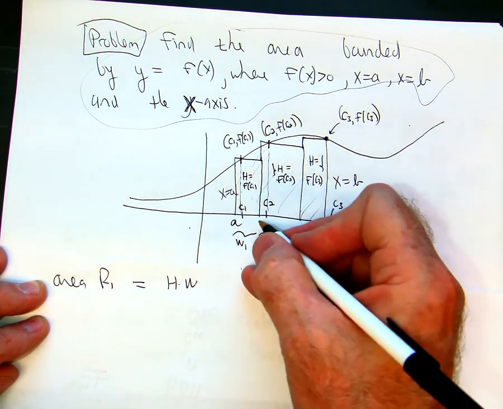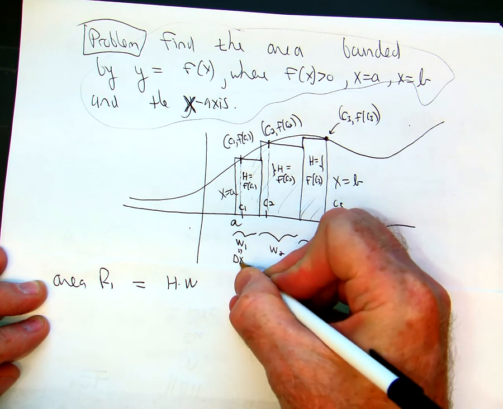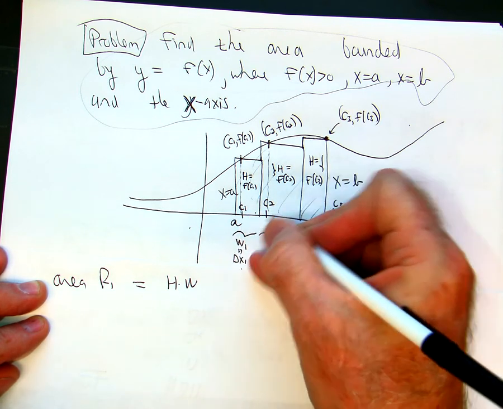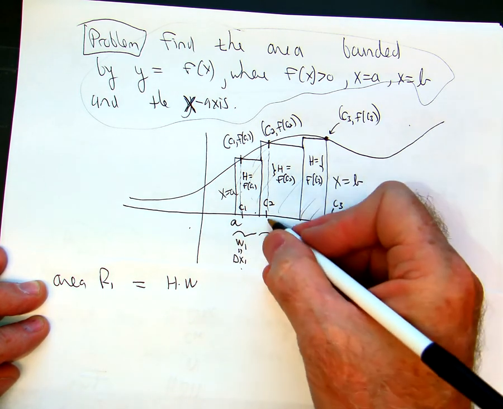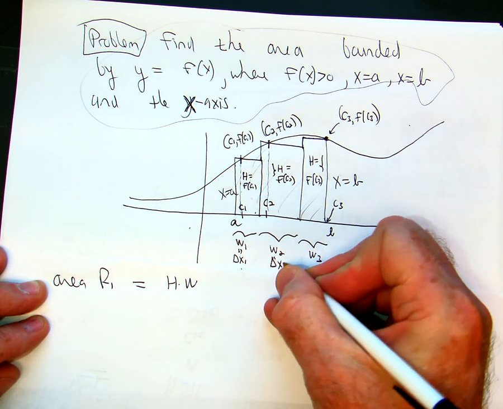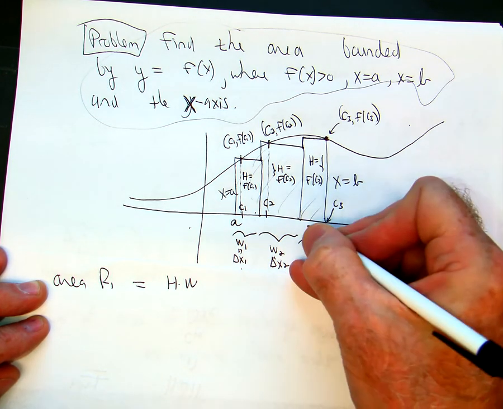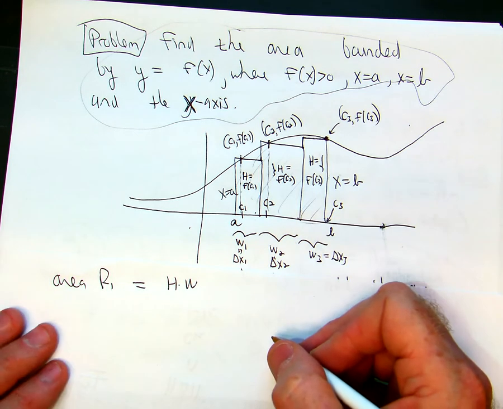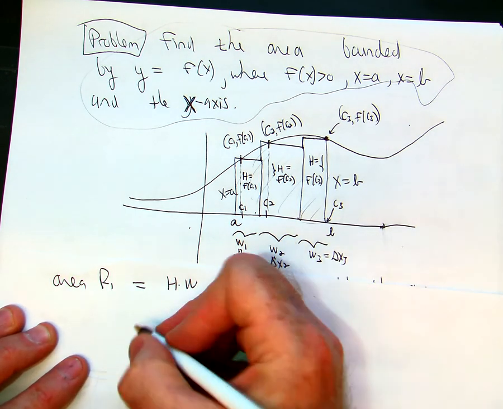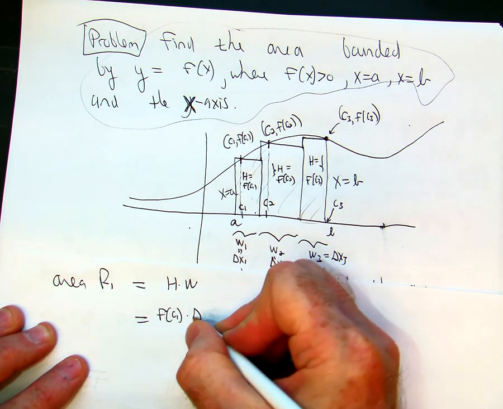In other words, this width we're going to write as delta x1 because it's the change between these two x's. And this is going to be delta x2, and this is going to be delta x3. So height times width: that's f of C1 times delta x1.